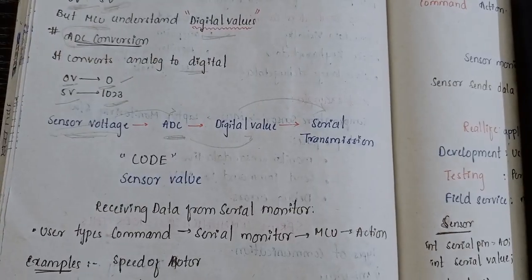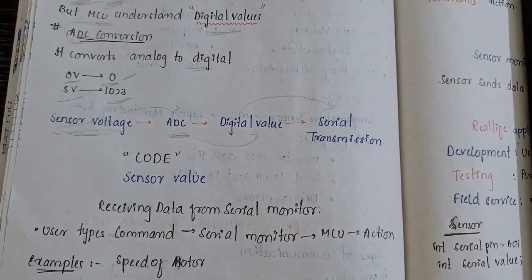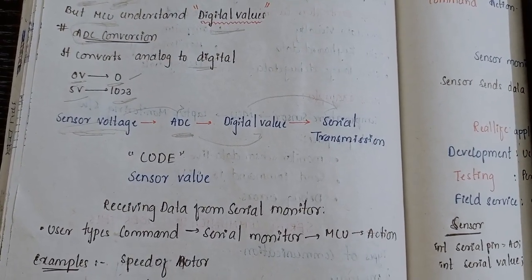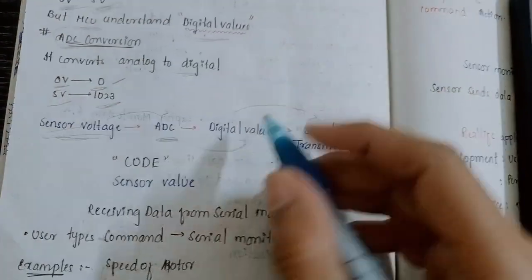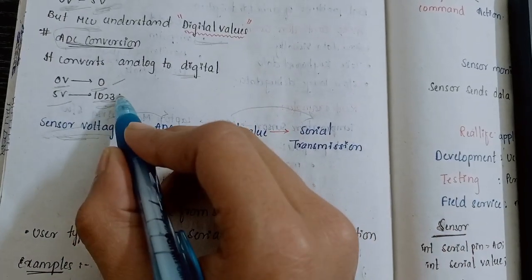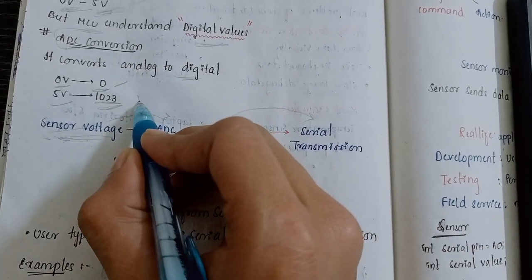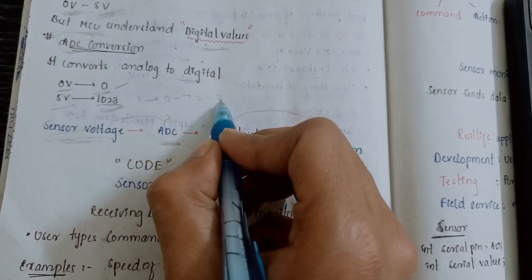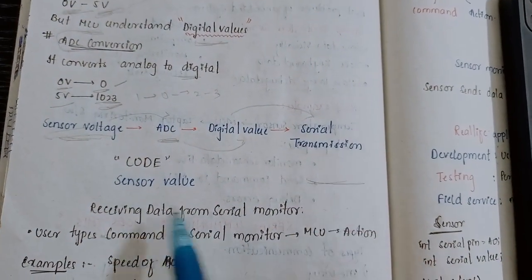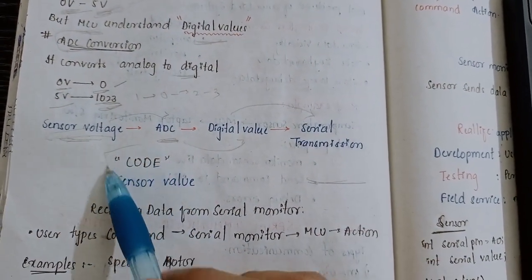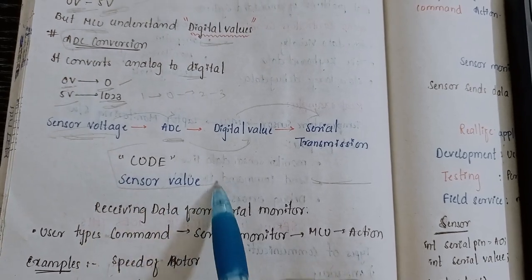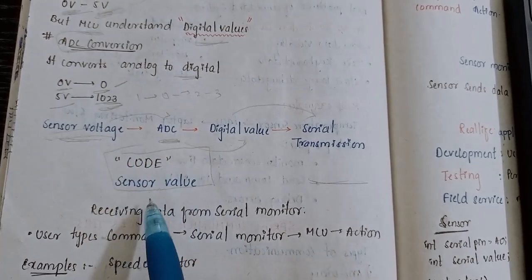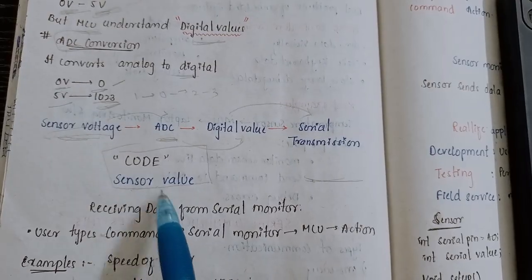As we know, serial communication is used in embedded systems. In this case, it would be sent bit by bit in serial transmission. So let us understand the practical Arduino code which will be written to get the sensor value.